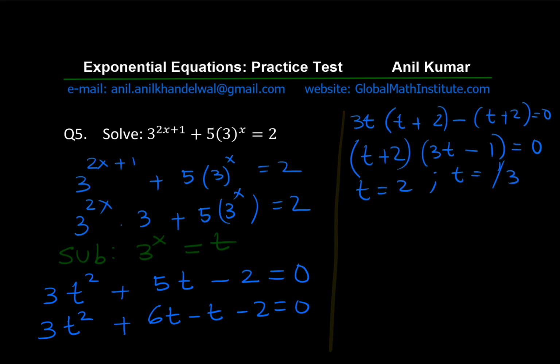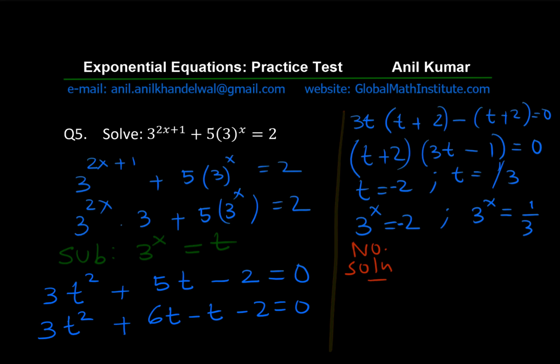Now, we are saying 3 to the power of x is equal to minus 2, or 3 to the power of x is 1 over 3. Now, 3 to the power of x cannot be negative, so this is no solution. Perfect.